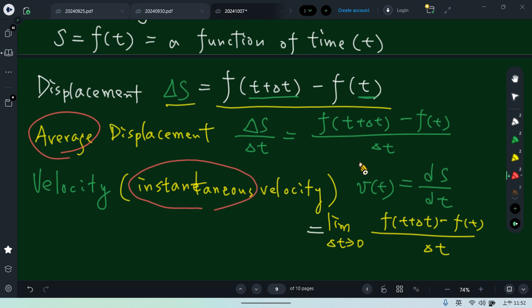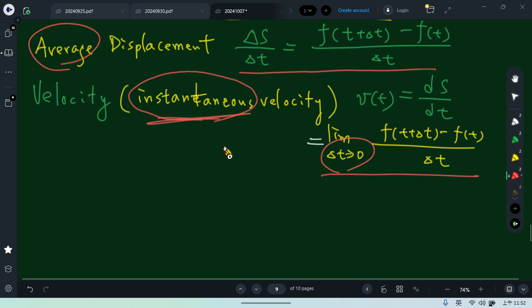But you can see here and also here, for instantaneous, we force delta t to approach 0. But for the average part, we consider a certain amount of difference in t.